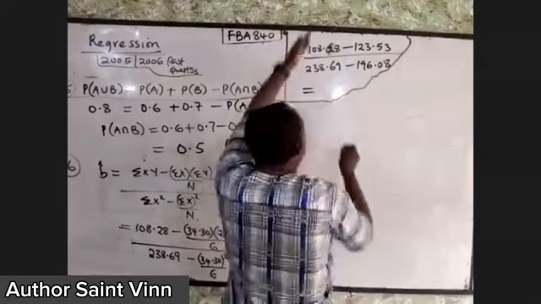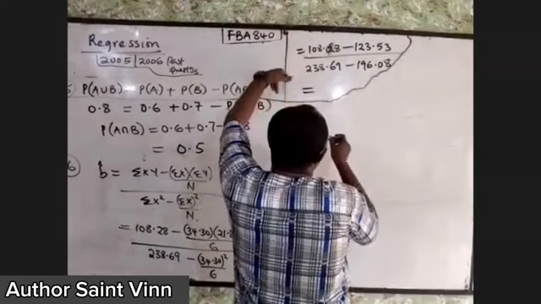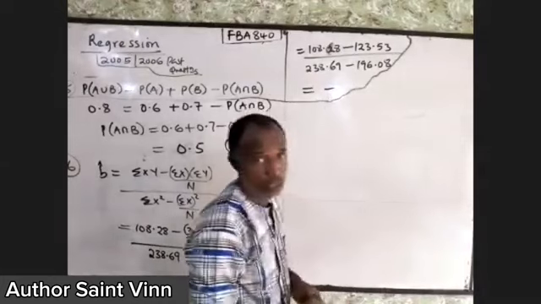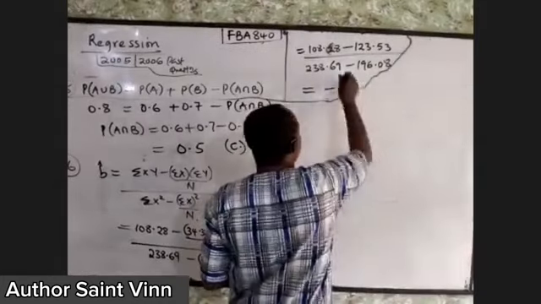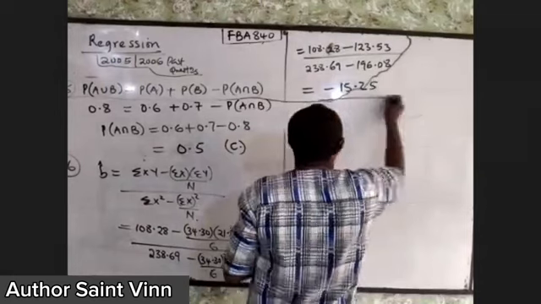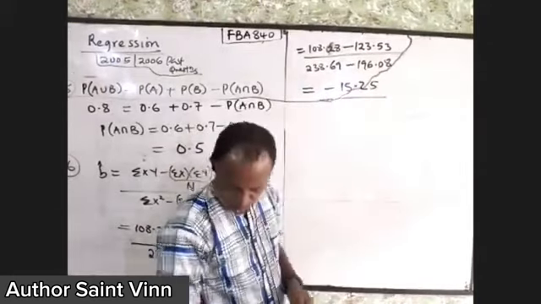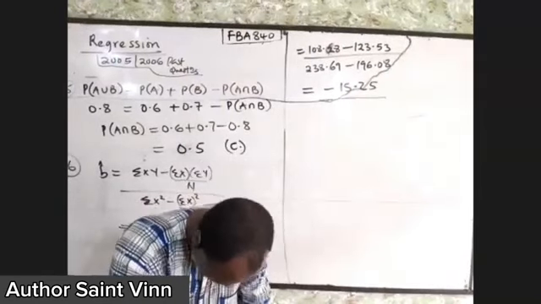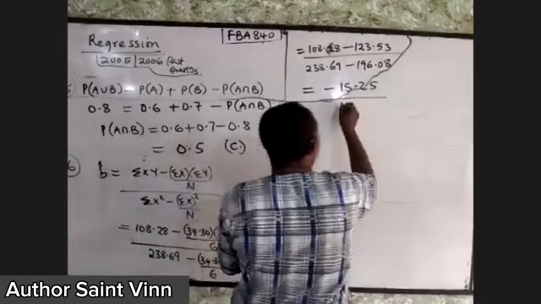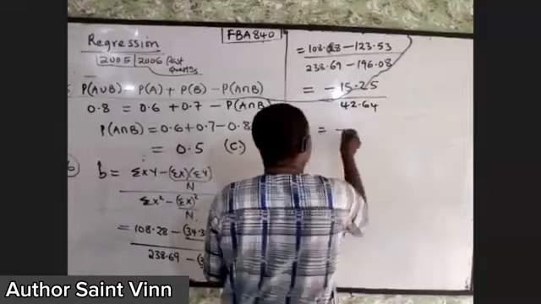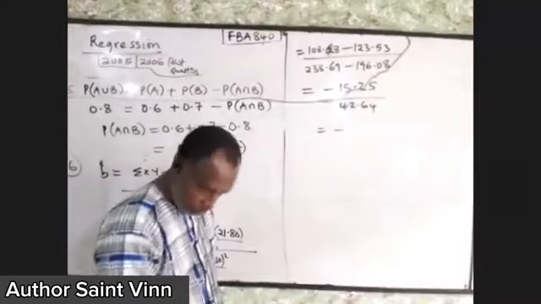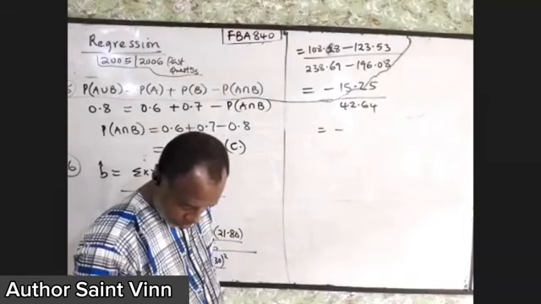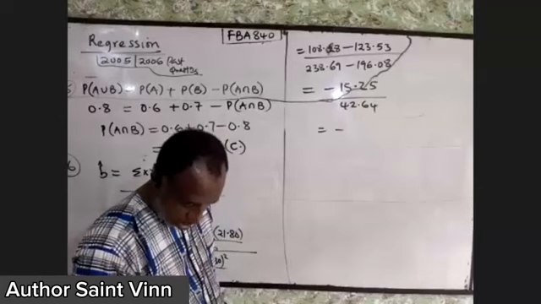So the numerator is up. Minus 15.25 over, so this one is plus. What do we have? 42.6. Divide it. Minus 0.2.